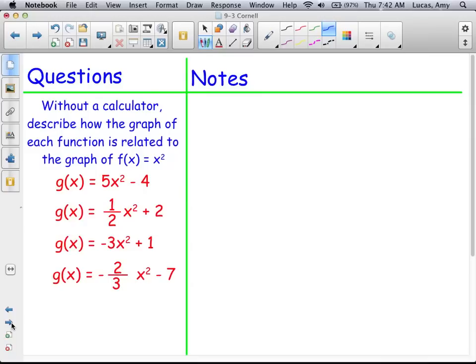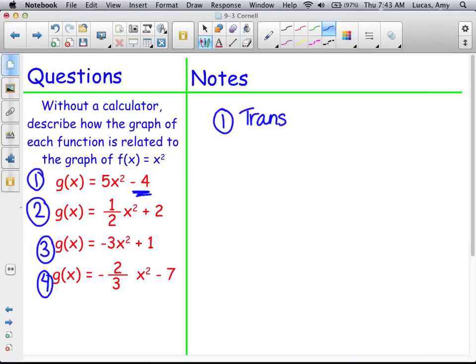Okay, now putting together all of these transformations sometimes gets kind of tricky because we have more than one thing happening to our equations. So on number 1, the effect of the -4 is a translation. So it's a translation down 4. And then the effect of the 5 is a dilation, and it is stretched vertically.